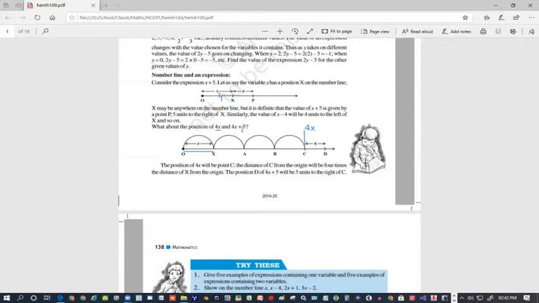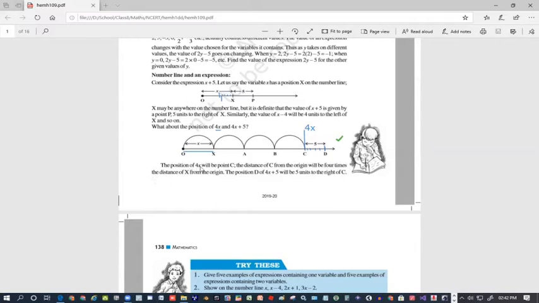And 4x plus 5. So again 5 units you have to take from 4x. So it is 1, 2, 3, 4 and 5. So D is 4x plus 5. So this is represented on a number line.